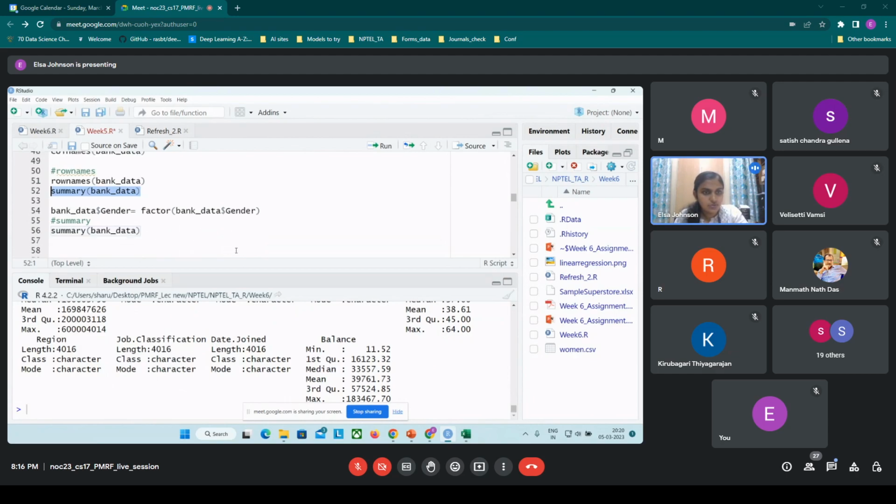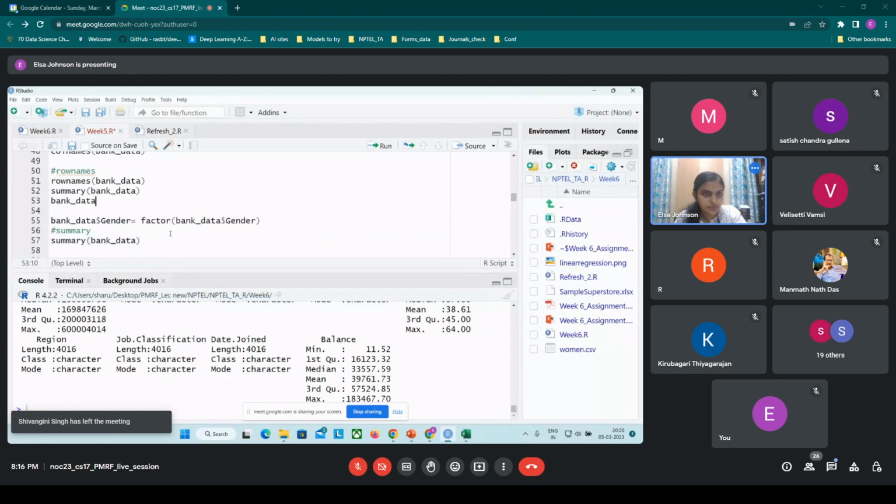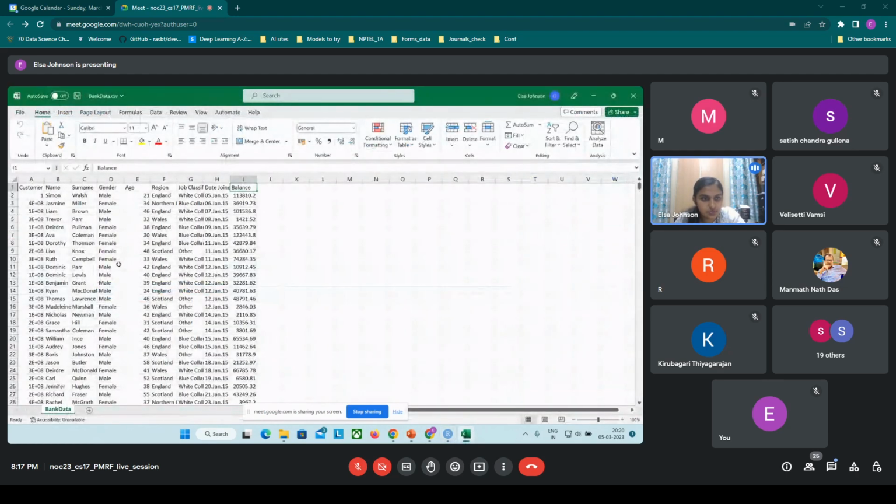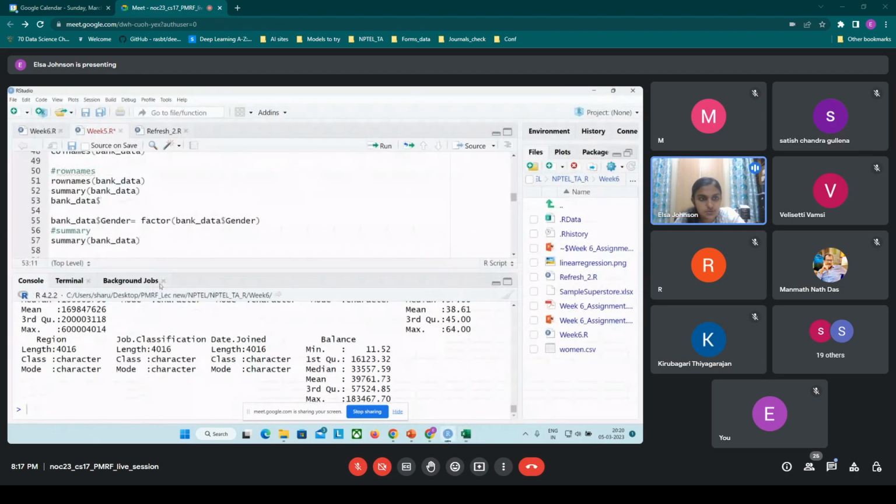Now we can just check. We will change one of the columns, for example bank_data dollar. Right now, one thing we can do is this, or region also; many other things are there. Gender will have the possibility of either male or female, so we will do the same thing that's given there.